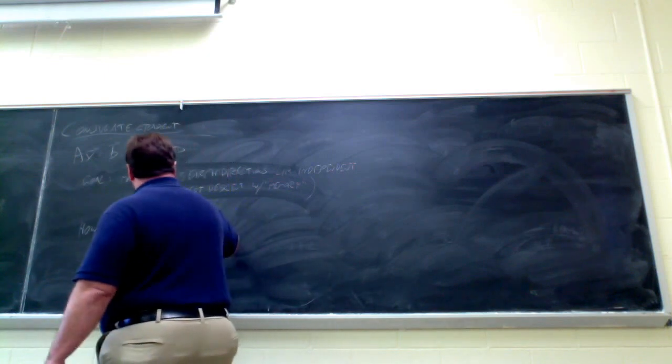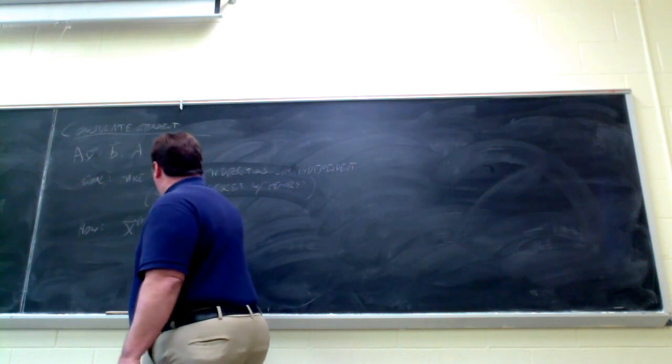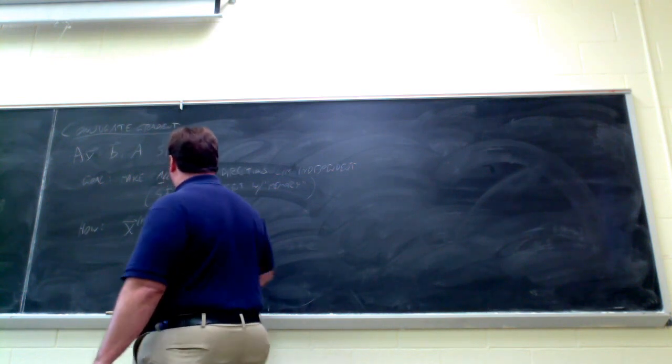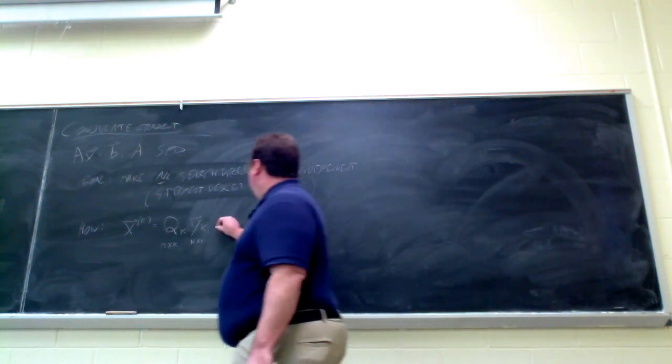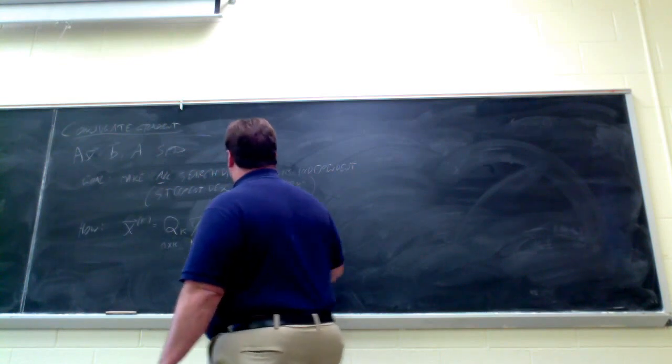So each of them is going to have this form: a matrix Qk, which is n by k, times yk, which is a vector, k by 1. And Qk has orthonormal columns.